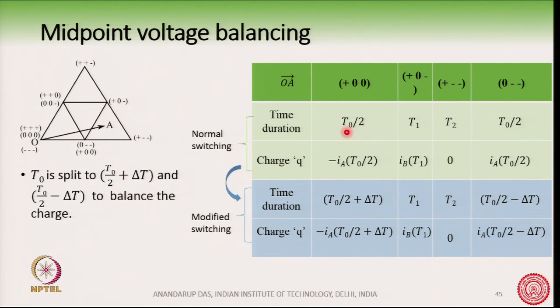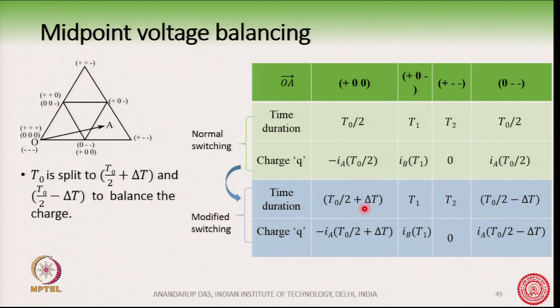Now, I am saying that okay, let us make it T0 by 2 plus delta and make this one T0 by 2 minus delta. This will ensure that the total sum of times is equal to Ts as before. Only this degree of freedom we have utilized.